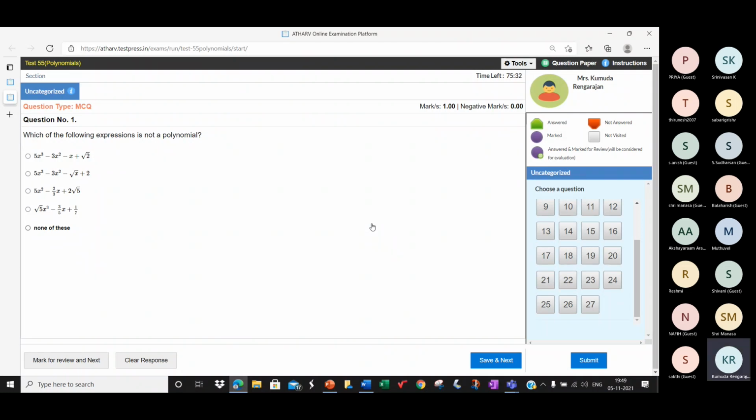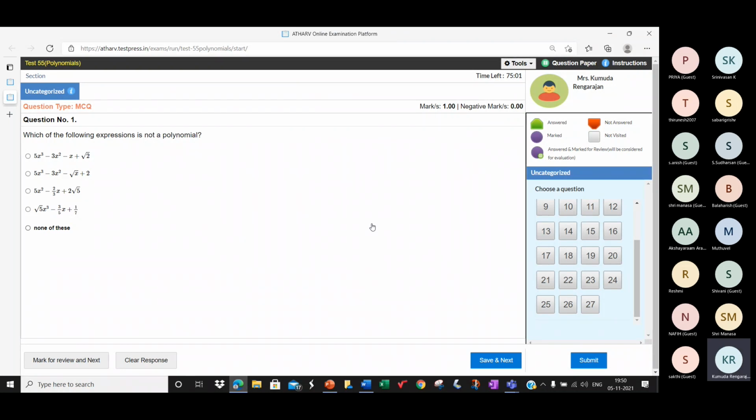Now, Bala Harish, do you agree with the second option? Which is the correct option? Which of the following is not a polynomial? Option B, ma'am. Why? Because the polynomial does not have a negative form, ma'am, but it is having a negative form. Where?